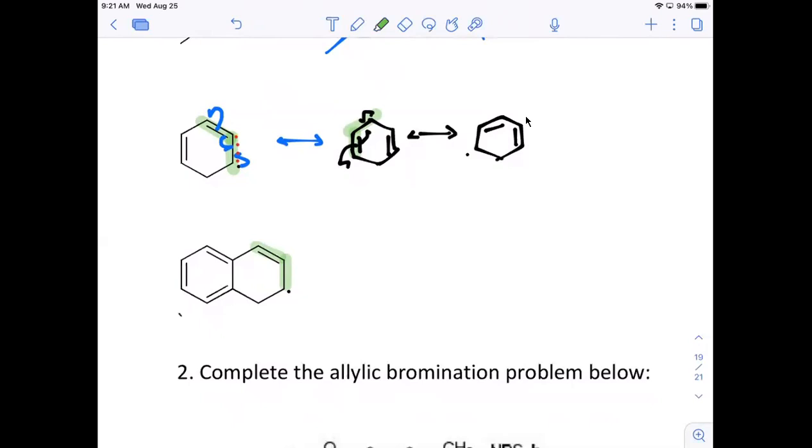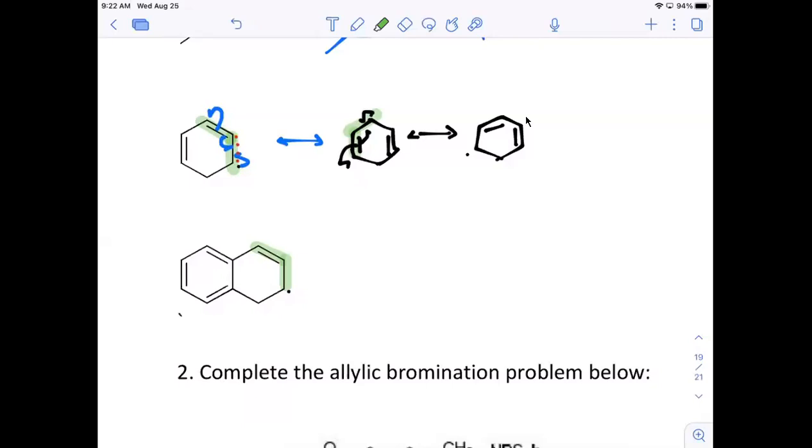And the reason I'm talking about resonance is for 2 reasons. Number one, when you make the allylic radical in allylic bromination, a lot of times it's going to rearrange and give you a resonance form. So you actually end up getting more products than it initially looks like you're going to get. That's the one reason.